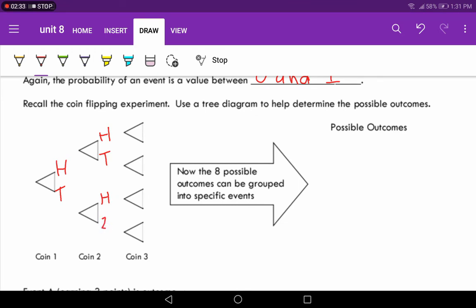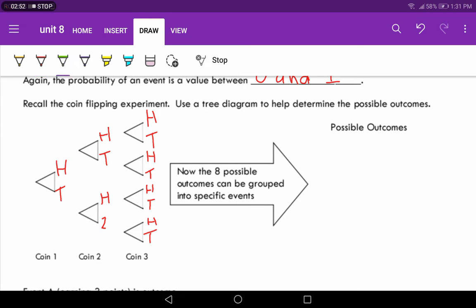When we're flipping 3 coins here, again, each of them has a possible head, a possible tail. Heads, tails, heads, tails, heads, tails. Okay, now the 8 possible outcomes can be grouped into specific events.